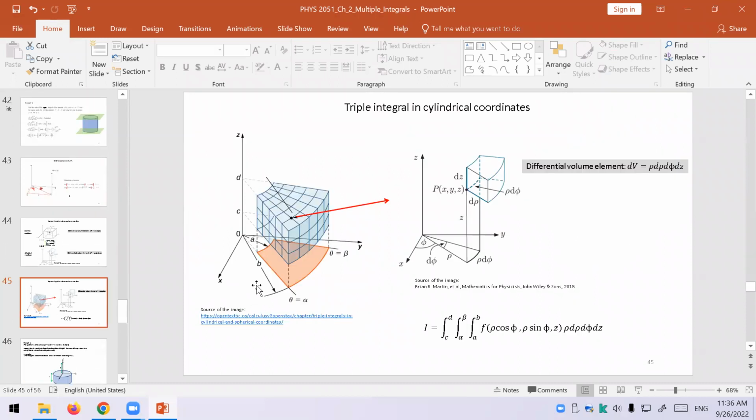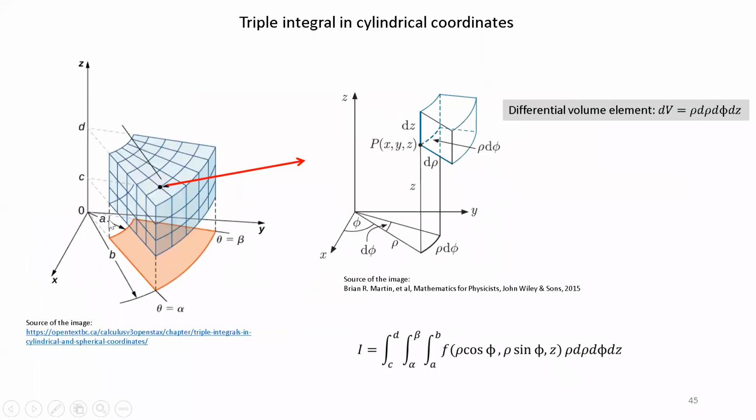So you might still remember, when I set up a fixed rho, that means that I'm drawing a circle, right? And then when I set up a bigger rho, then I'm setting up another circle which is bigger, right? And then for the two angular limits, you are setting different lines, two straight lines.